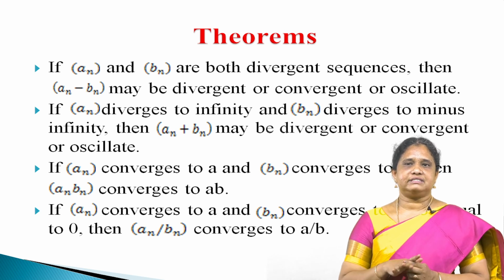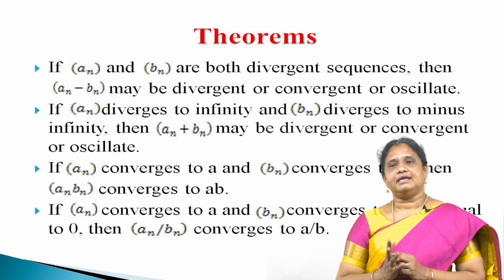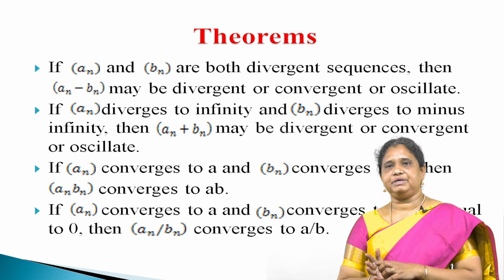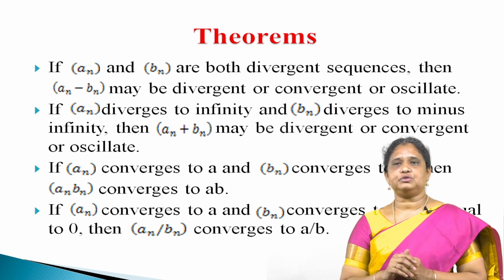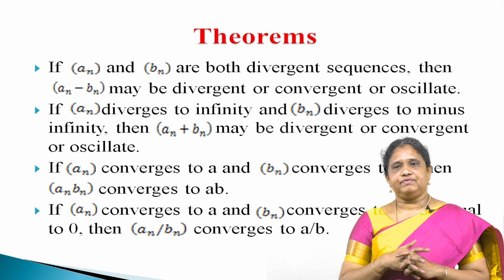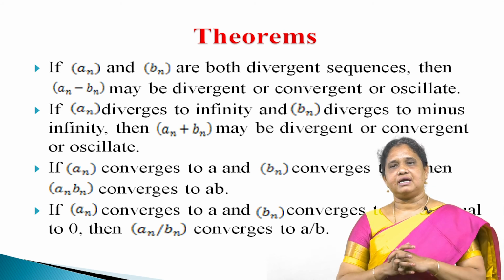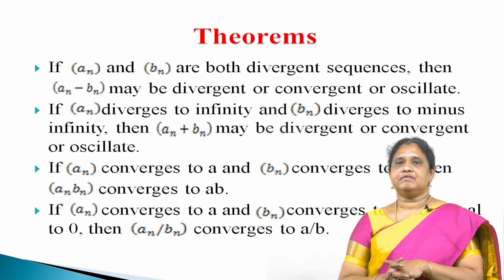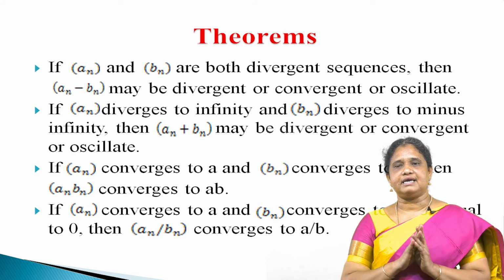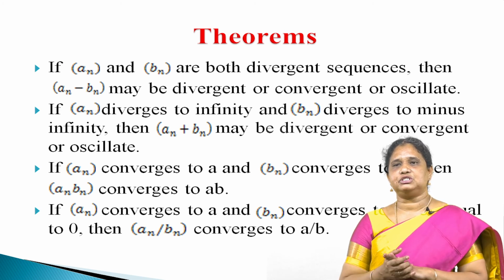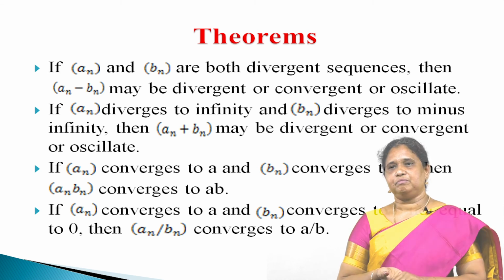That is, if sequence an converges to a and sequence bn converges to b, then sequence an into bn converges to ab, and if sequence an converges to a and sequence bn converges to b, which is not equal to 0, then sequence an divided by bn converges to a divided by b.